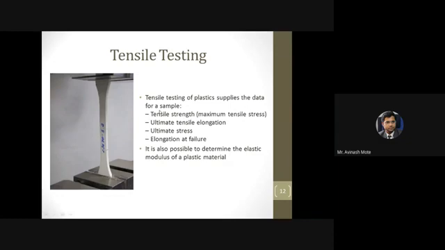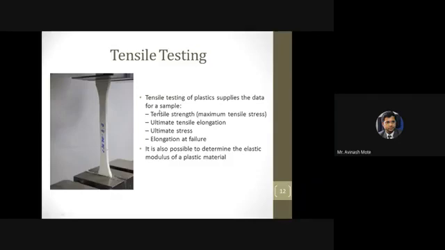You are not applying the stress, and you are not getting the strain. You are applying force and you are getting deflection, a change in dimension. Initially the output will be a force versus deflection curve, which is then converted into stress versus strain.